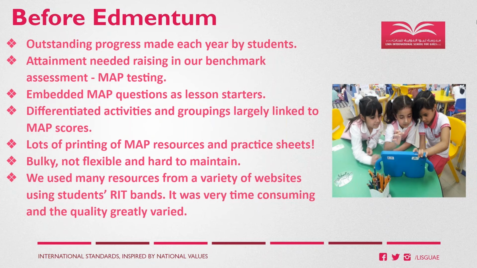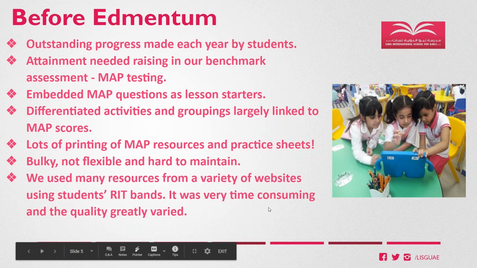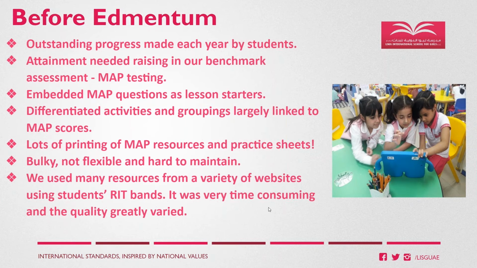We did this in a number of ways. We embed MAP questions in different parts of the lesson. When we get our MAP data in September, we sit with the teachers to discuss pupil progress, and ensure that the girls are put into differentiated groupings in class, and that the teachers and teaching assistants supporting the girls have a good understanding of RIT scores and what skills are appropriate for each RIT band.